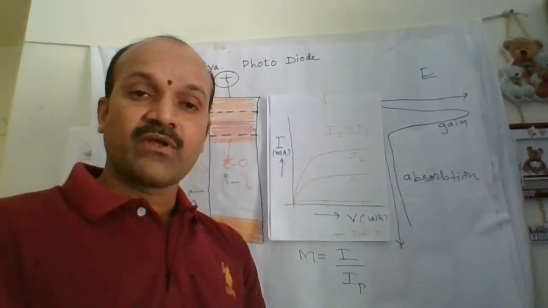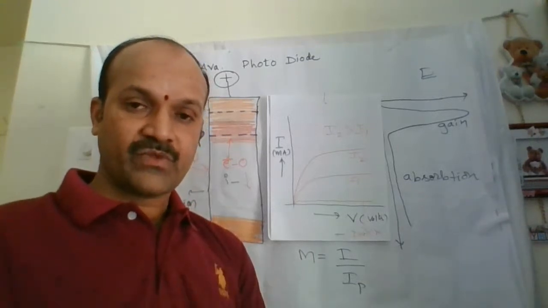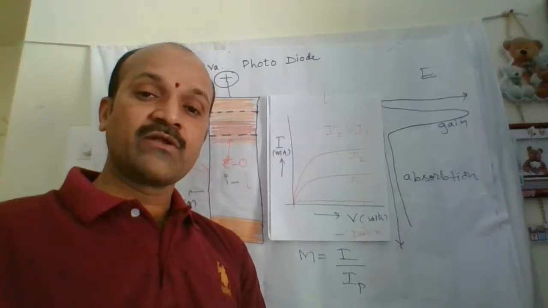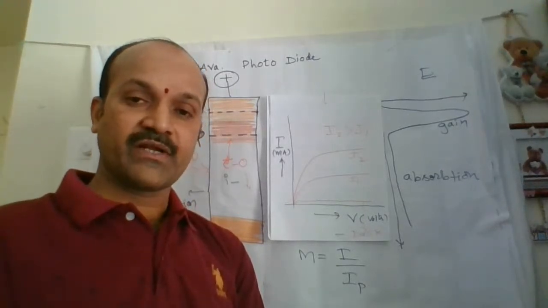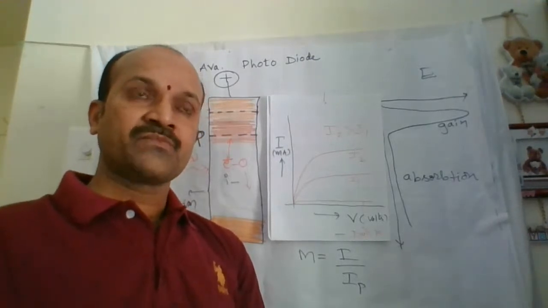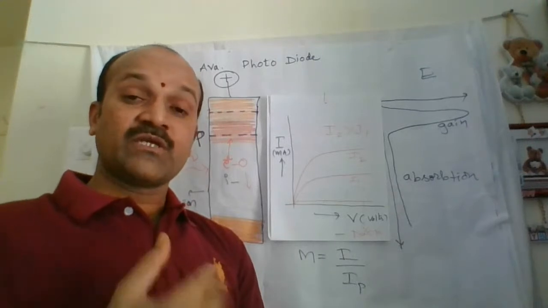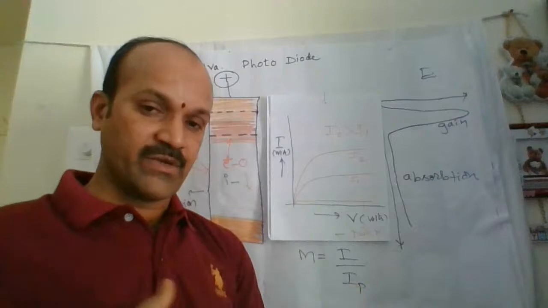So, what is a PIN diode? It is a photodetector. What is the material used to prepare a PIN diode? It is a semiconductor material, right? And what is the bias that is applied in the PIN diode? Reverse bias.